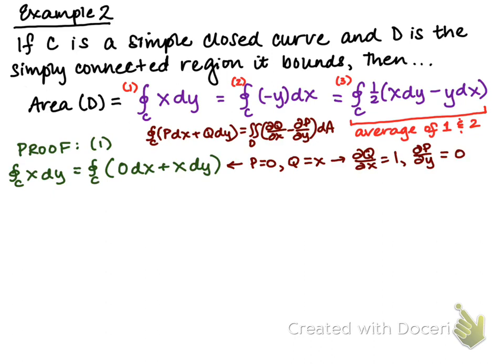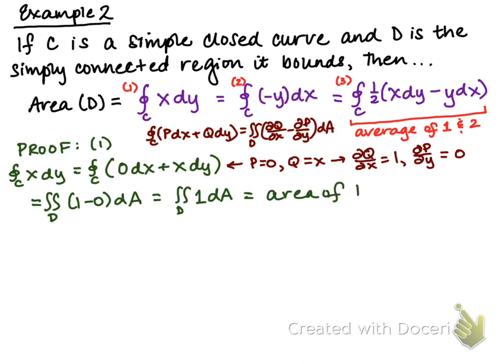Okay, so now I can rewrite this integral using Green's theorem as the double integral over D of 1 minus 0 dA. Well, that is, we know from previous lessons that the double integral of 1 over a region gives the area of that region.